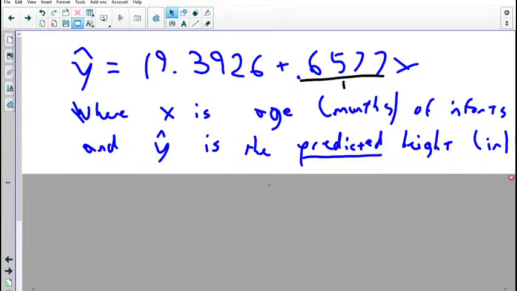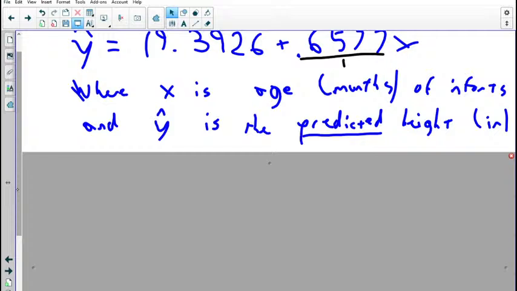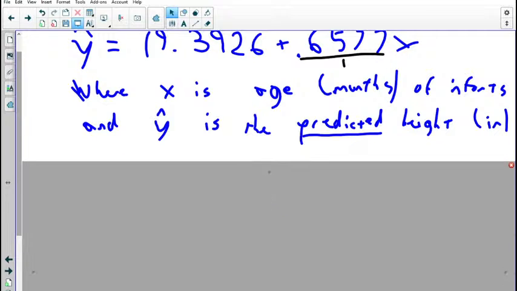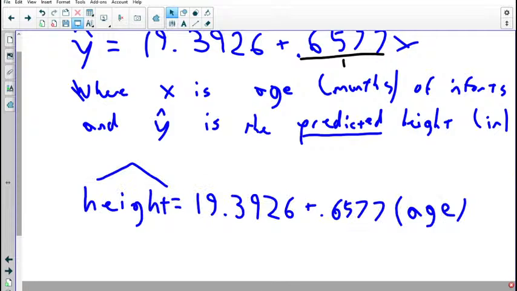And same thing, when you write an equation, you should define your variables. And when we define our variables, the variable we define is going to be the predicted height in inches. The other way, if you don't want to write out defining the variables, you can actually put the variables right in the equation, and that works too.